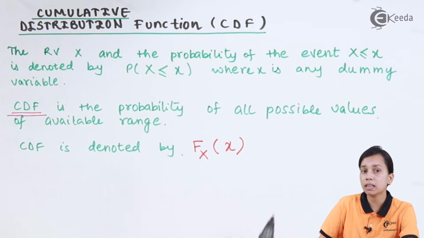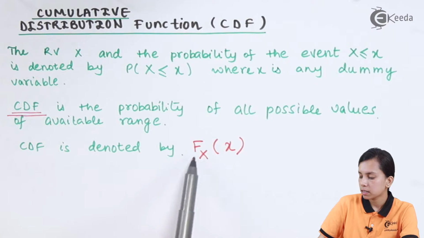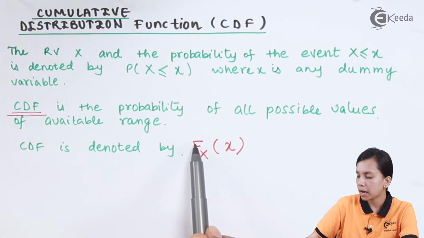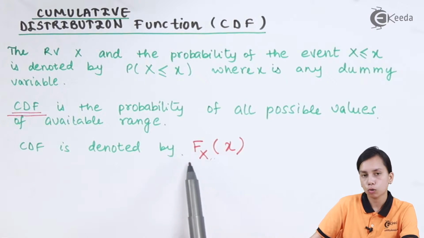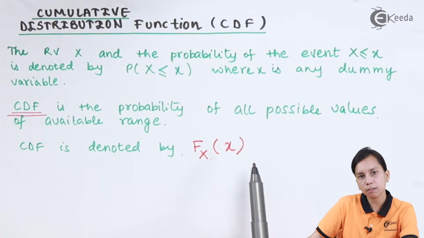When I am defining a cumulative distribution function for that particular event X, then I can denote it by F of x, where X is the event of the rolling of dice, and this small x can take any value.